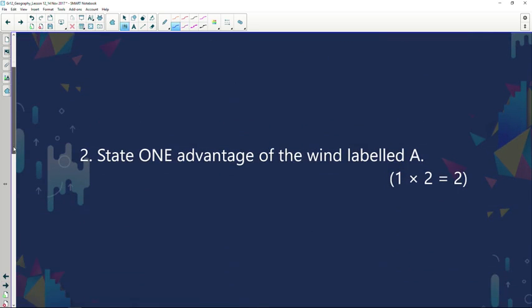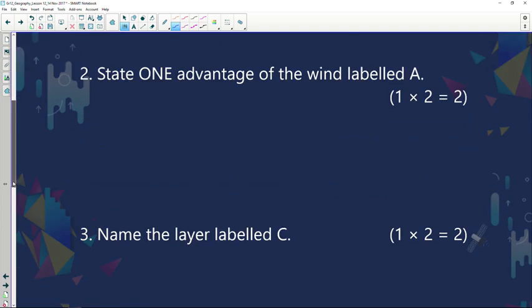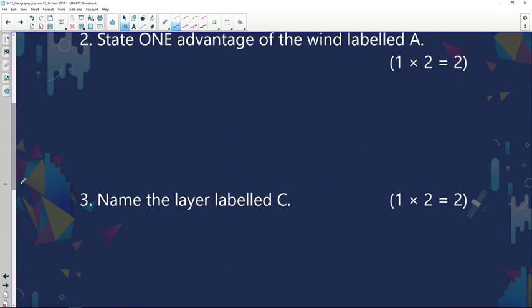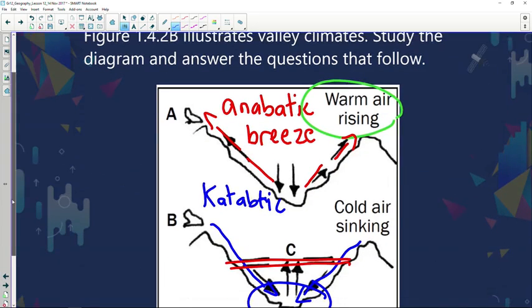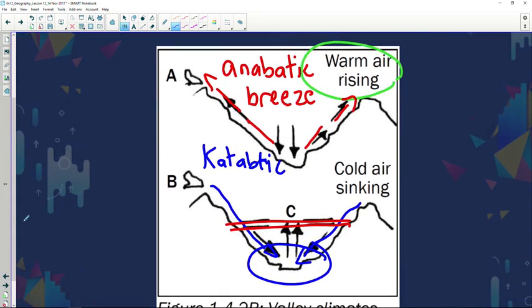And if you quickly look at that number, name the layer labeled number C, and that's in diagram number B. As you can see, this layer over there, it's known as the thermal belt, because the warm air has been displaced by the cold air that collects on the bottom of the valley floor.